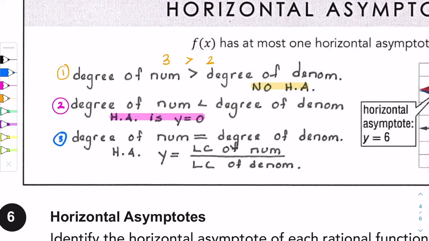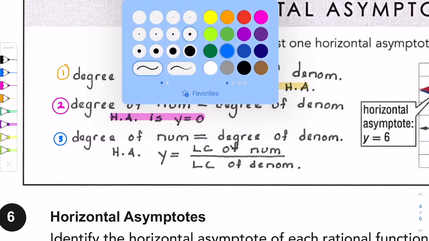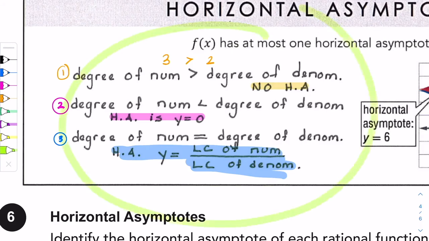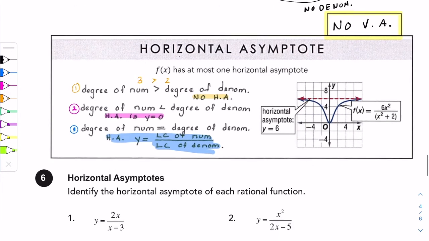And for the third potential answer, if the degree of the numerator is equal to the degree of the denominator, then you set up a fraction, and the horizontal asymptote is equal to the leading coefficient of the numerator divided by the leading coefficient of the denominator. Your solution has to fall within one of these 3. So obviously this year's open notes, make sure you just reference these 3 cases and match which one works for your problem.